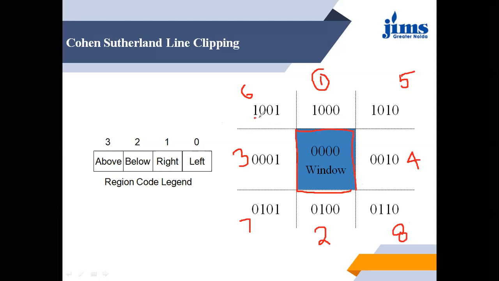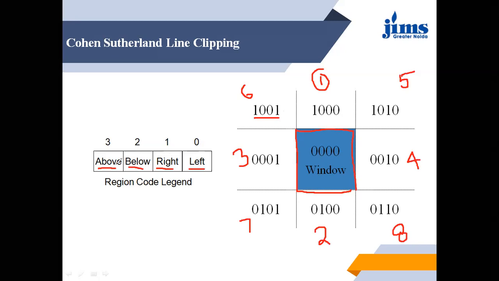To represent the different regions, we have to use a 4-bit code. A 4-bit code represents whether a point is above the window, below the window, to the right of the window, or to the left of the window. By using these 4 bits, we can find the position of a region.